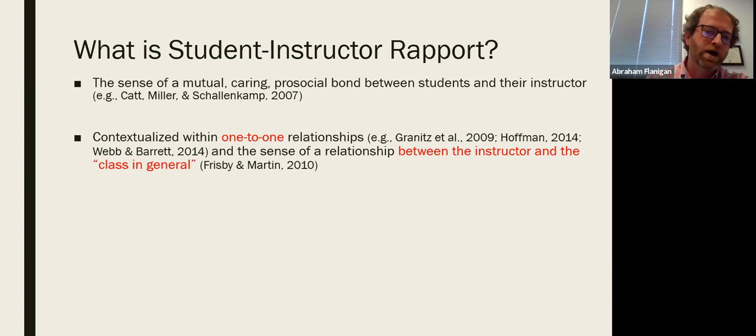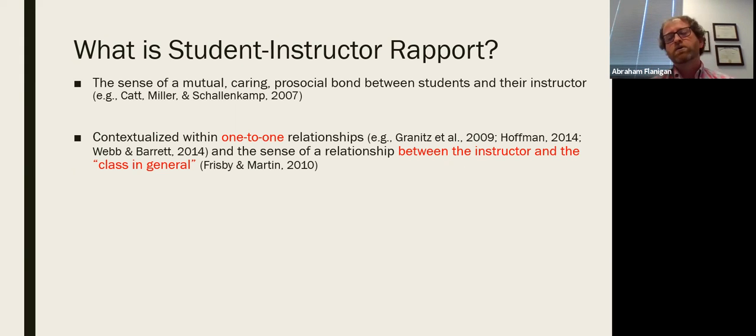Rapport can be contextualized either as just a one-to-one relationship, so the sense of rapport that a particular student has towards you or that you have with a particular student, or in larger classes, enrollments of 50-some students. Some researchers also have contextualized rapport as that sense of relationship between the instructor and the class in general.